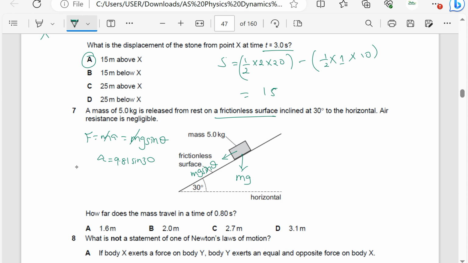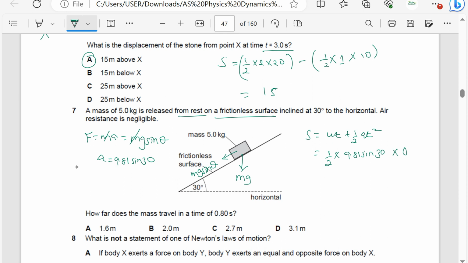So that is distance. So I would say s is equal to ut plus a half at squared. It starts from rest, so initial velocity is 0, so it will be a half times acceleration, which is 9.81 sin 30, then times t squared.